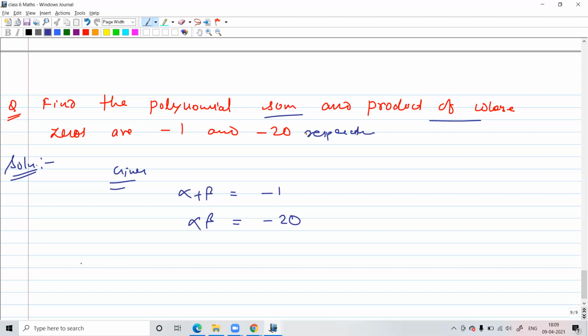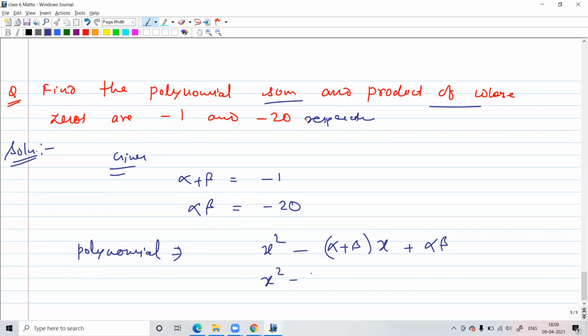So the polynomial will be x square minus alpha plus beta into x plus alpha into beta. It will be x square minus (-1)x plus (-20), which will become x square plus x minus 20.